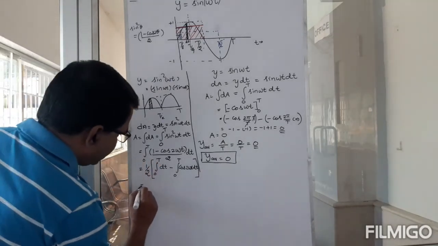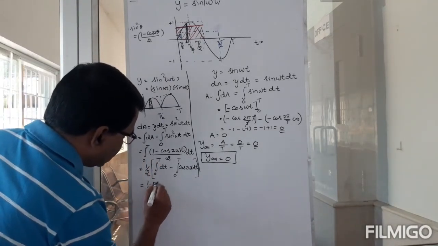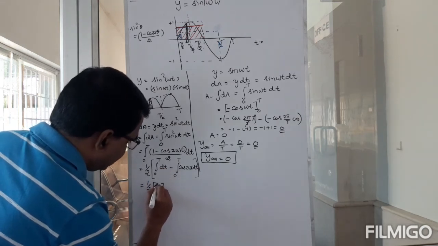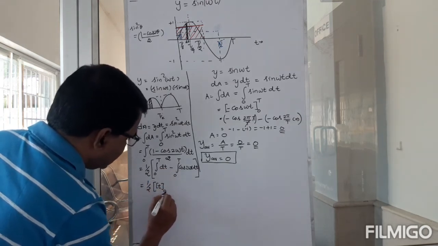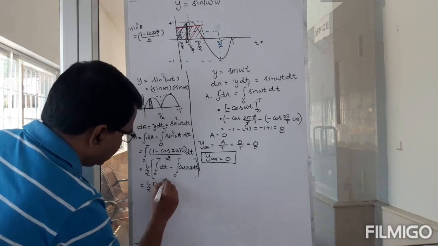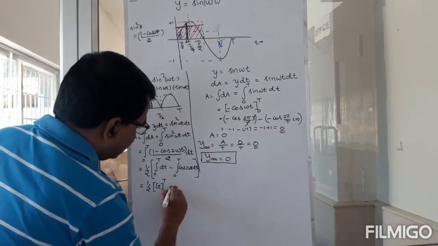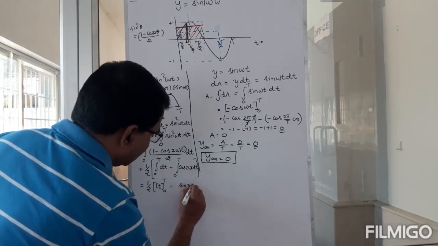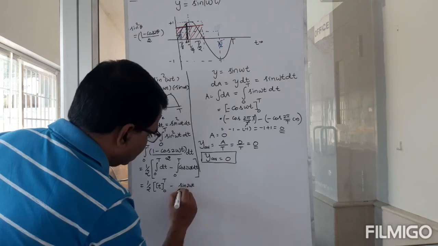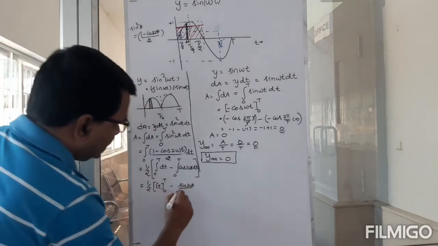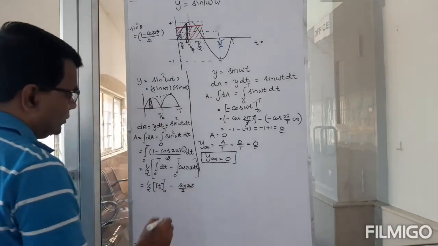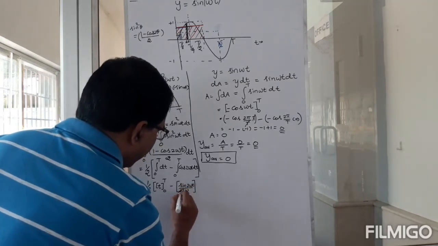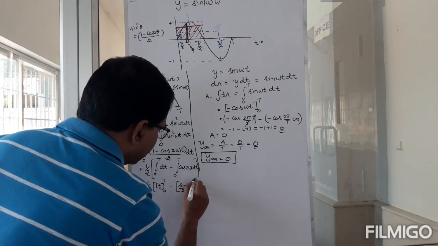So this will give me 1 by 2 out, and this would be simply t, right? So t from 0 to T, and here this is going to be minus sine 2 omega t by 2 omega. This will be 0 to T.